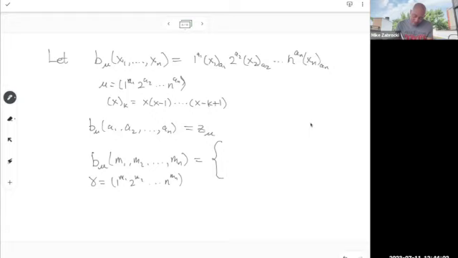First of all, the mi's need to be greater than or equal to ai's, and if not, the result is going to be 0. And if it is, then p gamma is equal to p mu times p tau, where tau is equal to 1 to the m1 minus a1, 2 to the m2 minus a2, and n to the mn minus an.